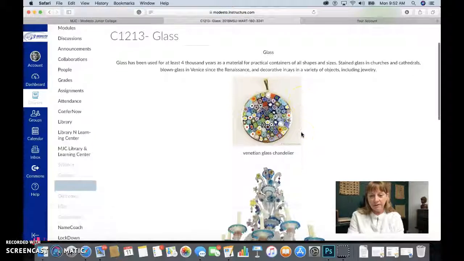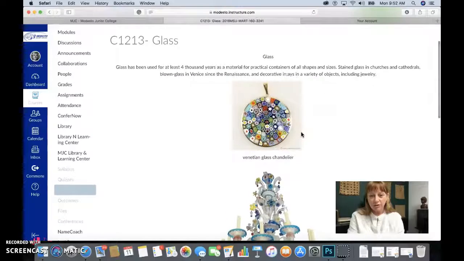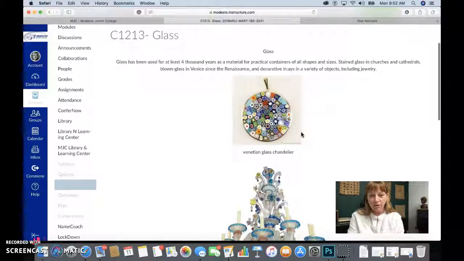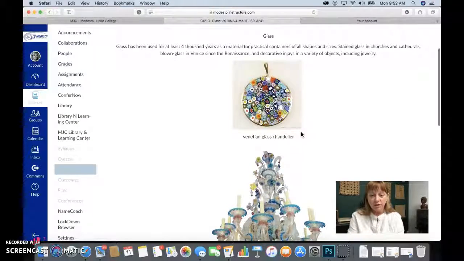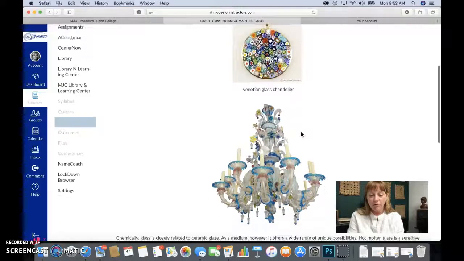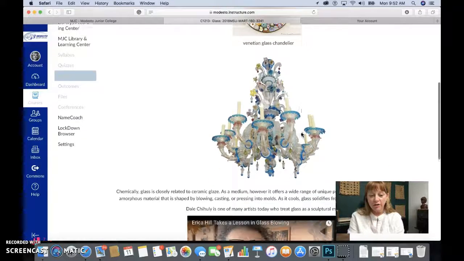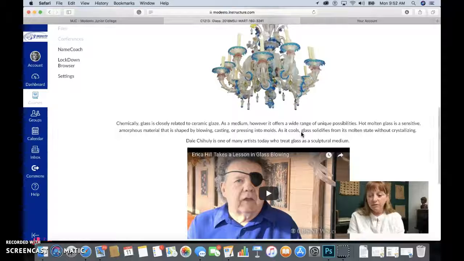And then glass. So much glass has been made over the years, from stained glass to this blown glass chandelier. And then recently we've had a resurgence in glass blowing and the art of glass.